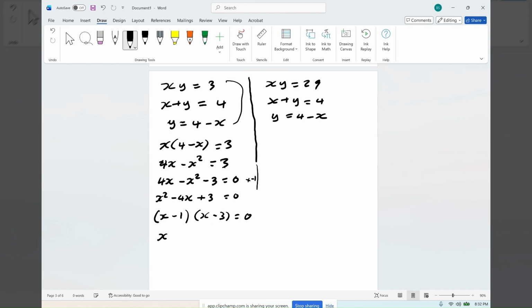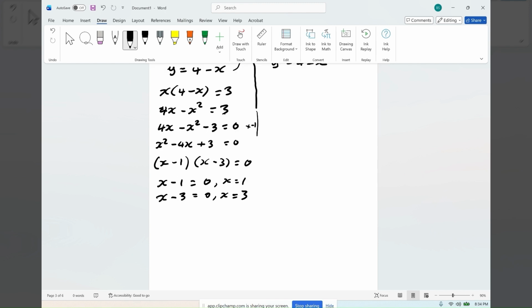Therefore, x - 1 = 0 and x - 3 = 0. Therefore, x = 1, and here x = 3.